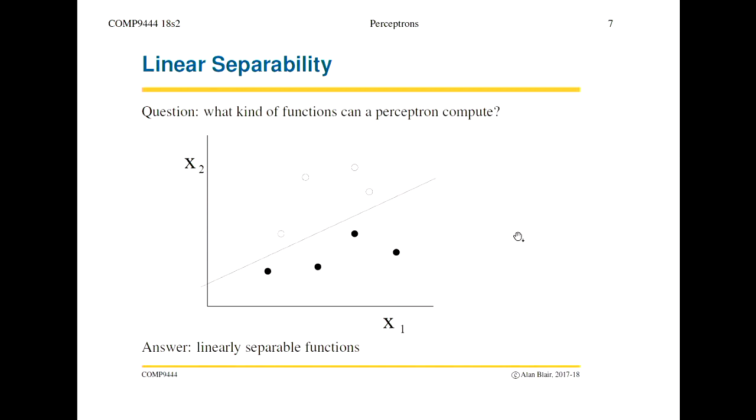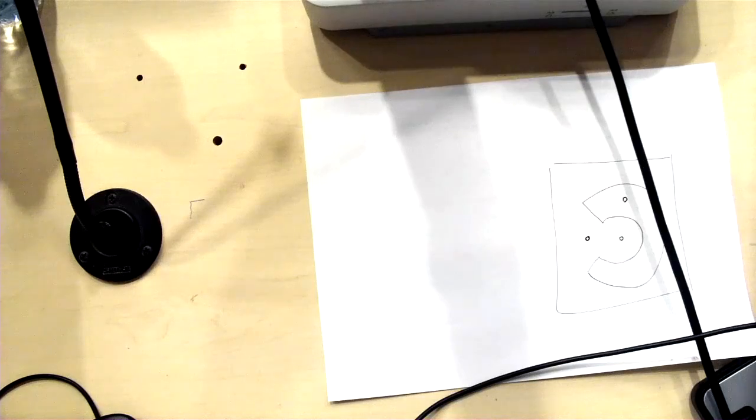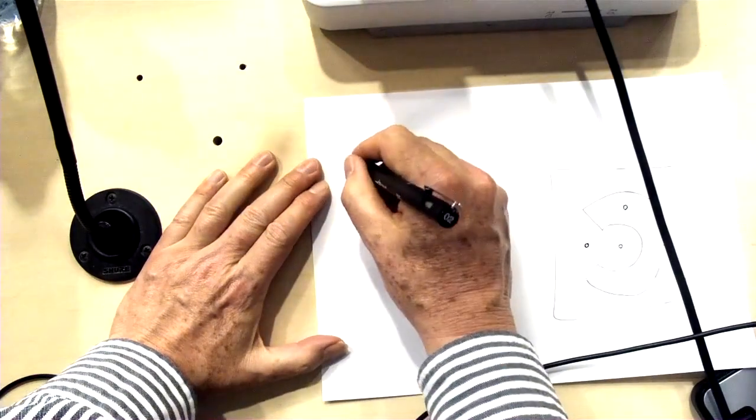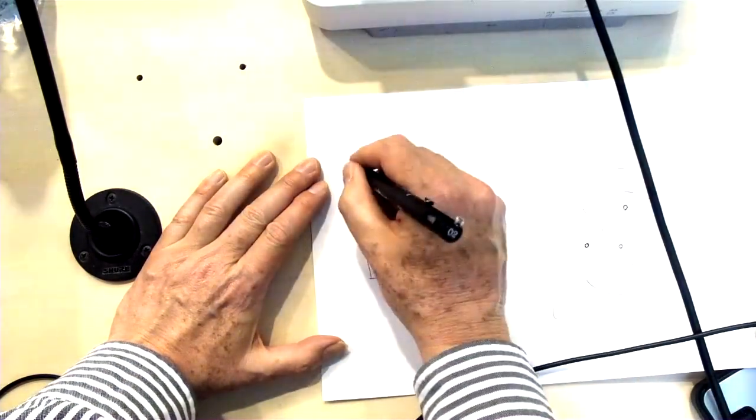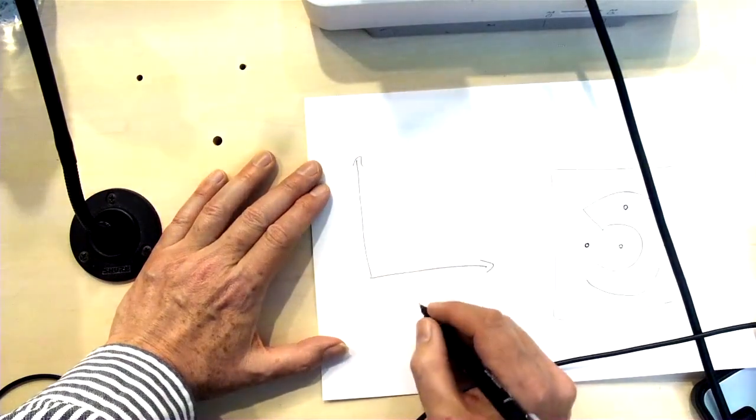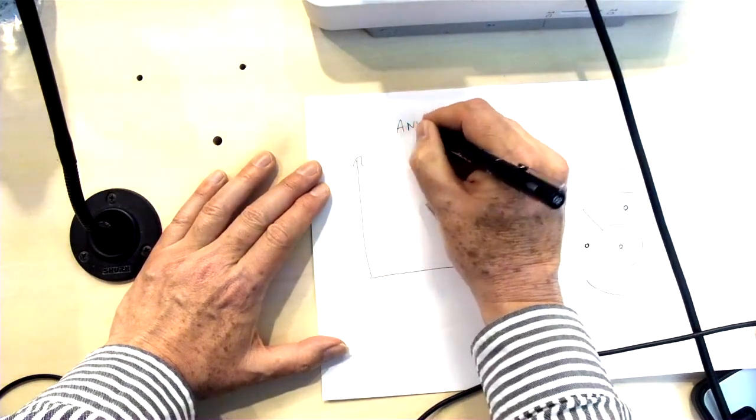I think it's useful to go through one of these examples by hand, even though some of you have seen this before. So let's suppose we want to compute a logical function. Let's say we want to compute the AND function.